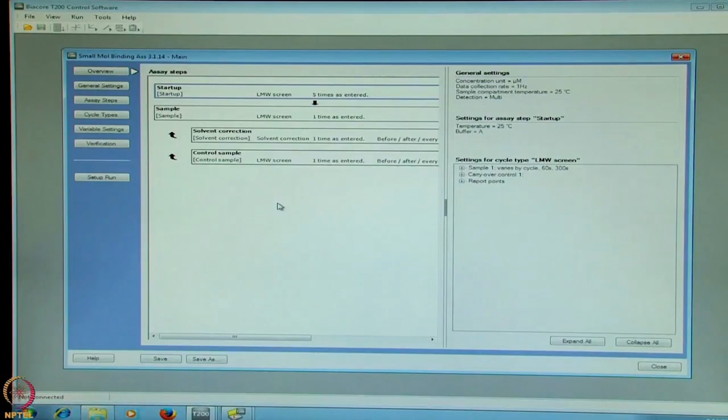For that we need to prepare a method, and the method has the startups, 5, 1 round of sample injection, and solvent correction, where 8 different correction solutions are passed on the surface, and the DMSO effect on the responses is subtracted. Control samples like positive and negative controls were also included in this mode.